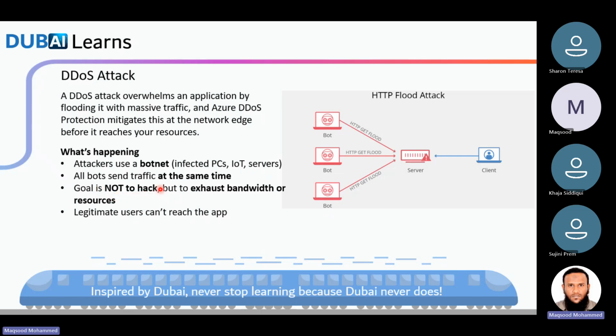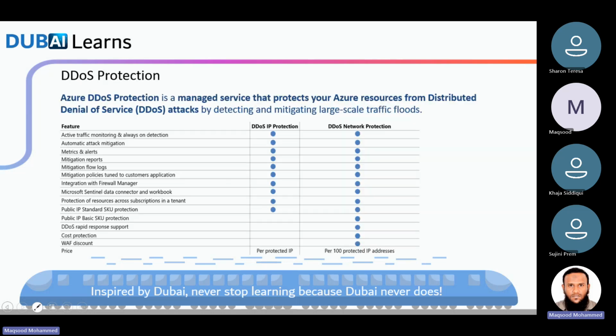Basically, this is not mainly for hacking, but to exhaust bandwidth or resources of the server so legitimate users cannot reach the app. So if the server is overwhelmed with millions of hits, eventually it might crash, and the actual legitimate users cannot access the service. So this is what the DDoS attack is.